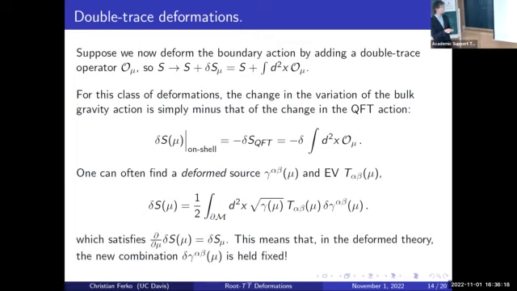For the case of double trace operators, there's a relative sign. So what I mean by this is that if you deform the boundary QFT, or in this case CFT, by some operator, then the change in the bulk on-shell action will be the same up to a minus sign. This is true for double trace deformations, that the two agree up to a minus sign.